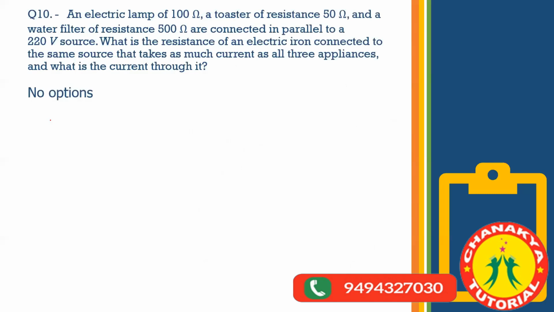The next question is, anyone can read this, I'll read this. Question number 10. An electric lamp of 100 ohms, a toaster of resistance 50 ohms, and a water filter of resistance 500 ohms are connected in parallel to a 220 volt source. What's the resistance of an electric iron connected to the same source that takes as much current as all three appliances, and what is the current?